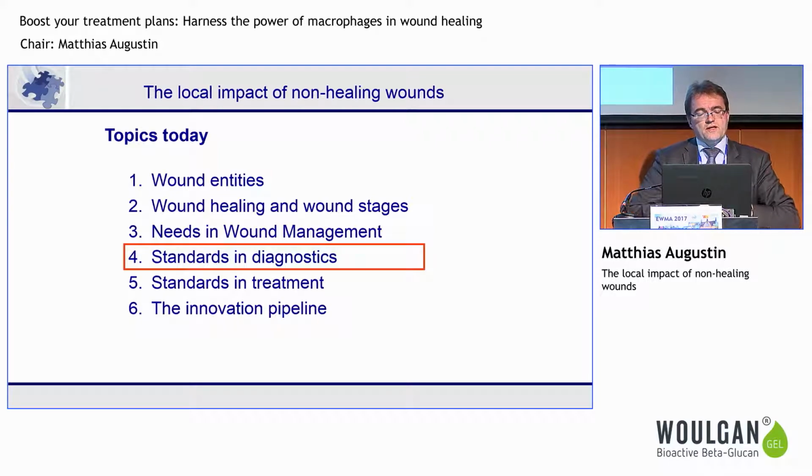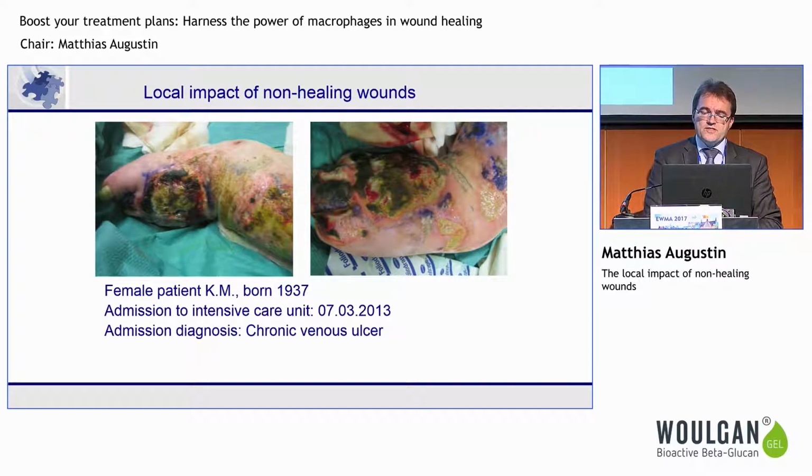Regarding the approaches that we have in chronic wound healing, you will surely agree with me that there need to be standards both in diagnostics and treatments. And this is a typical case, really also a scary case, where no standards, no specific approaches have been driven. This was a patient I saw in our intensive care unit at the University Medical Center in Hamburg in Germany.